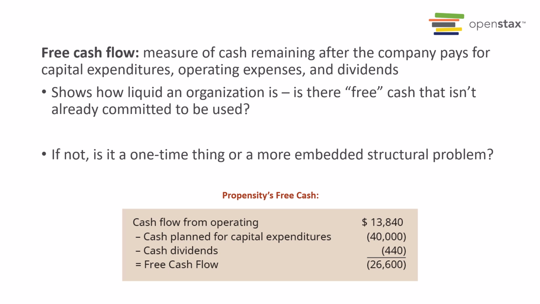So when you see negative free cash, it asks of you to think about a couple of things. First thing, how are we paying for stuff if we're in the hole? And the second is, is this just a one-time thing? Or is this like an ongoing, year after year, month after month?